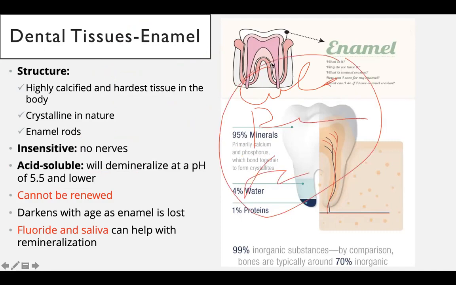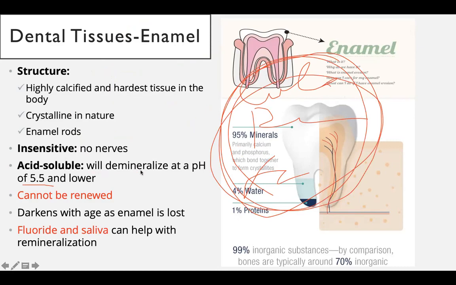This is not a commercial. So what is the pH of these carbonated drinks? Do you know? Definitely less than 5.5. That's why they help in demineralization. Thank you, cola.